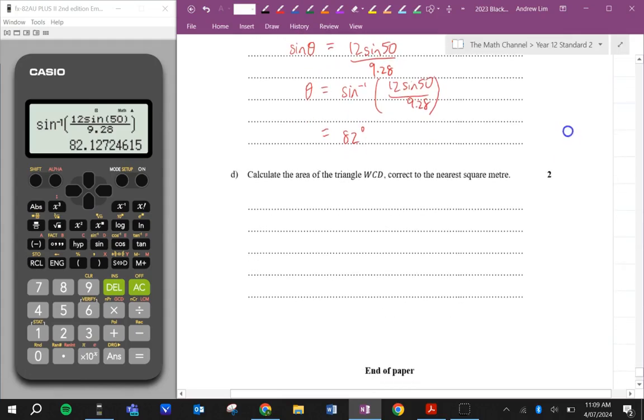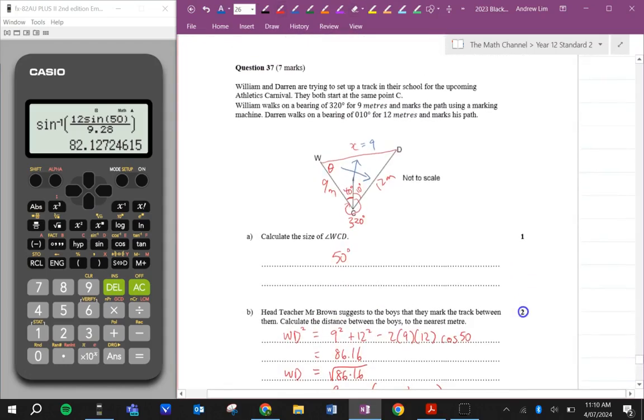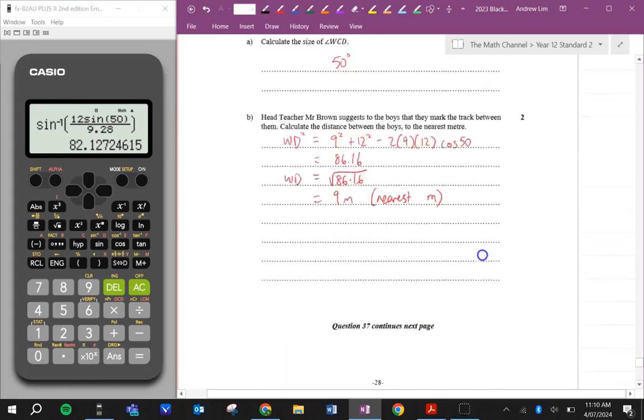Calculate the area of triangle WCD correct to the nearest square meter. So area is half ab sine C. We know that's 9, that's 12, and that's 50, so I'm just going to use those numbers.